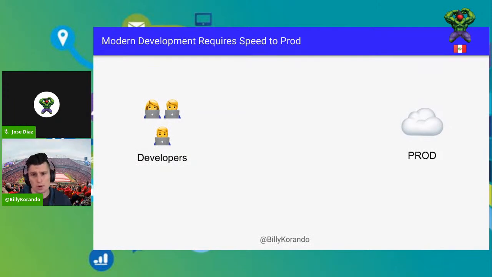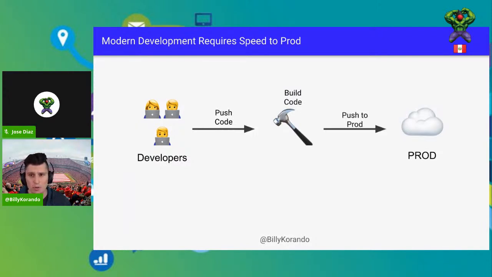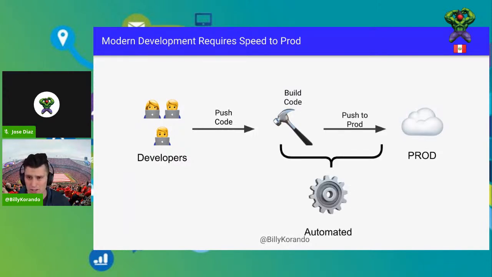Modern development requires speed in getting to production. So when developers push code to a Git repository or any kind of code repository, you want to be able to build that code automatically and push it to production, all of this being automated.